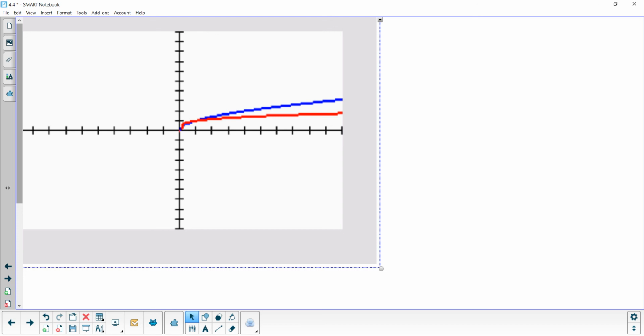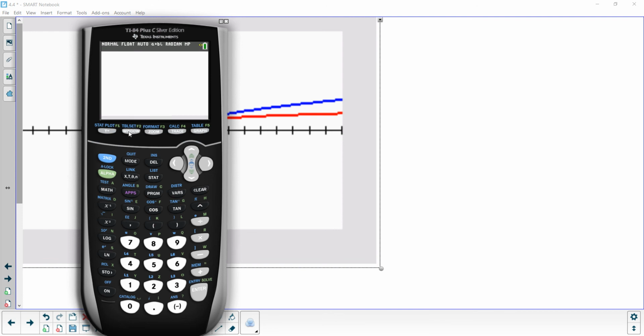Let's zoom in on the section that's 0 to 2. And I think you'll be able to see what's happening here. So let's go 0 to 2. And on our y, let's go 0 to 2. That's your square root. That's your fourth root.